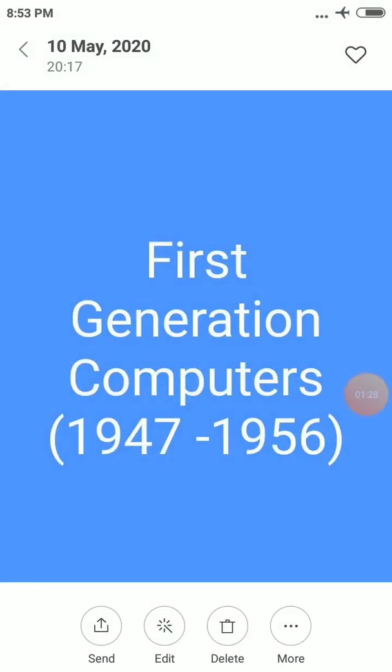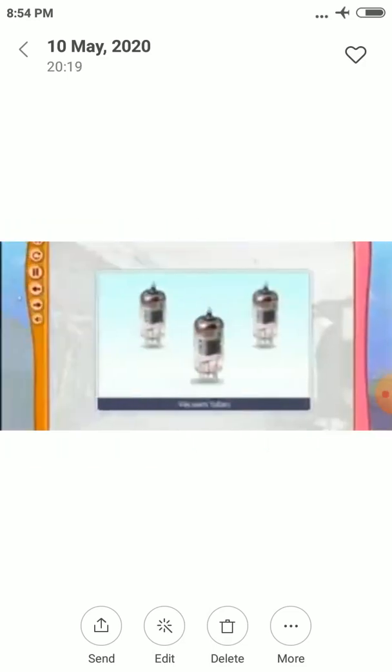Now let us discuss first generation computers. The computers that were developed from 1947 to 1956 were called the first generation computers. The first generation computers used vacuum tubes. A vacuum tube consists of a glass bulb and wire.